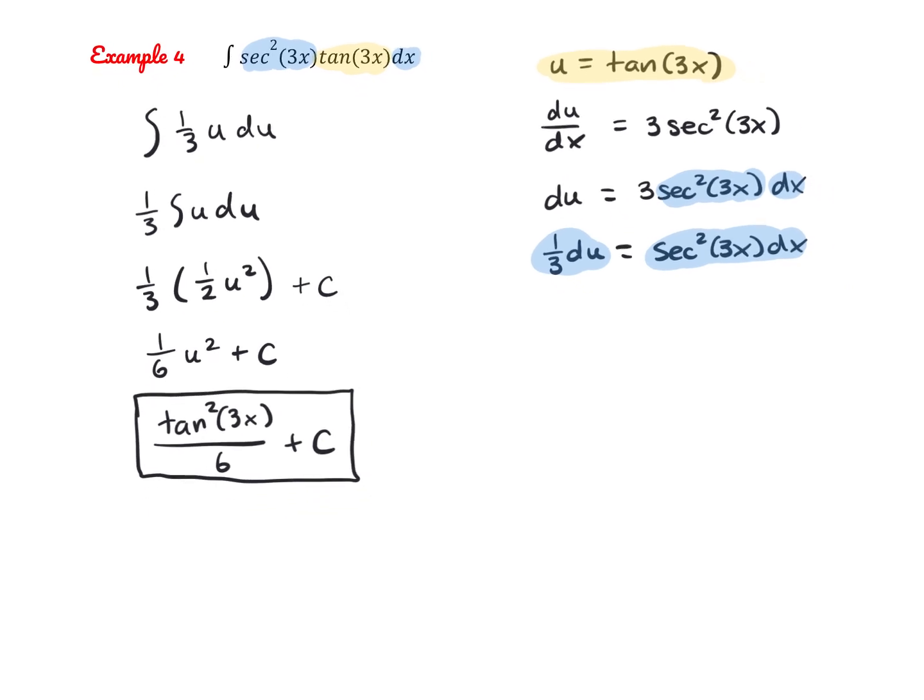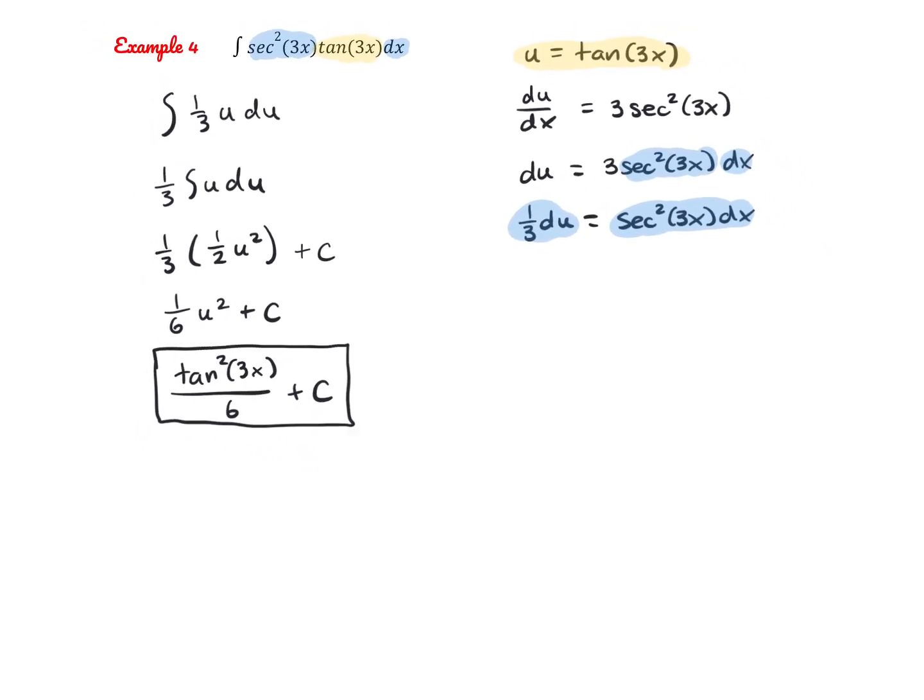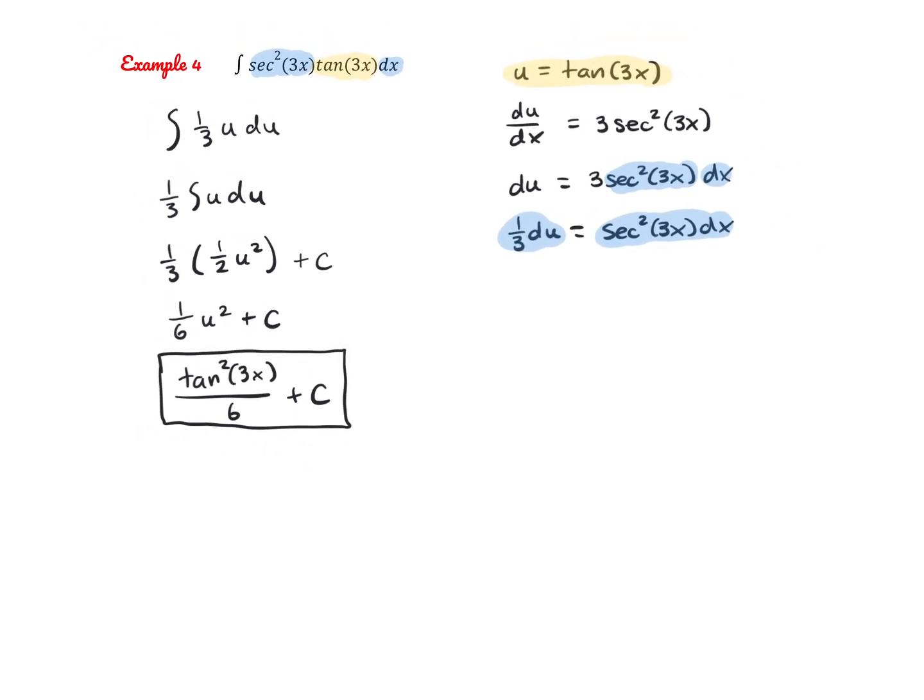Now this is actually kind of a cool problem because we can actually evaluate this same integral but with a different substitution. So let's say instead of letting u equals tangent of 3x, what if I just let u equal the secant of 3x? And again, I'm not doing secant squared, I'm just doing the secant of 3x, because if I do du dx, we know that it's secant tangent.